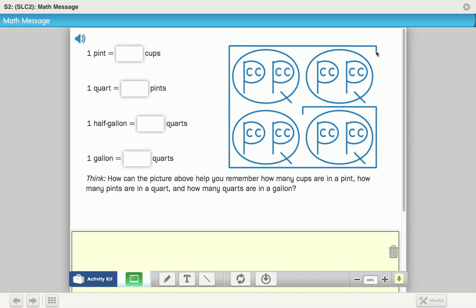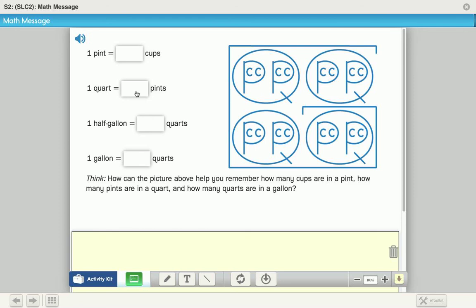Okay, so the G stands for gallons, the Q stands for quarts, the P stands for pints, and the C stands for cups. So if it says 1 pint is equal to how many cups? So I have to go find the P for pint and how many C's are inside. Well, there are 2 inside.